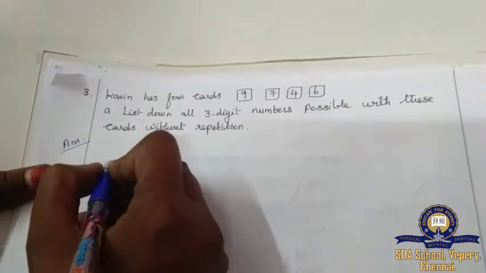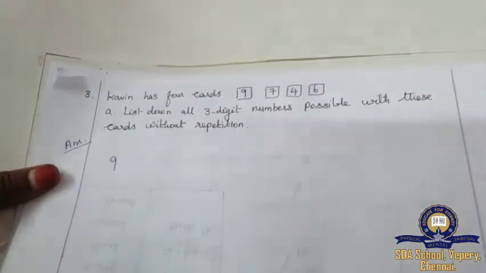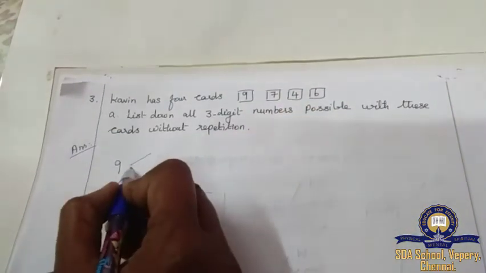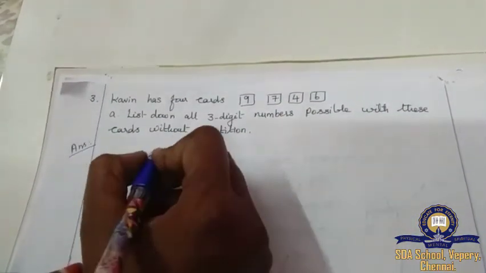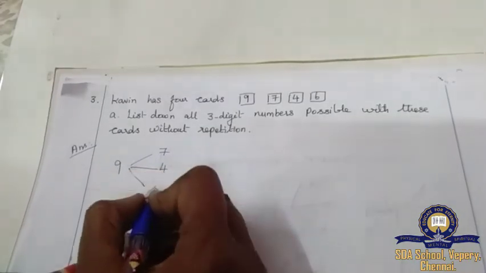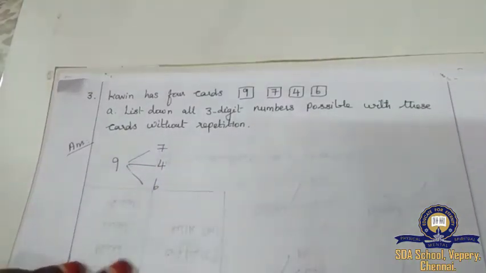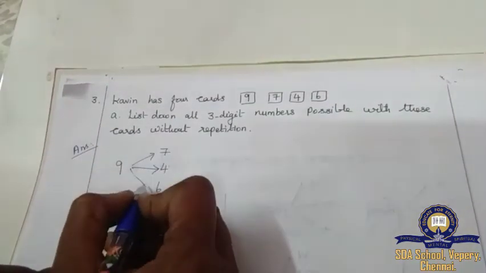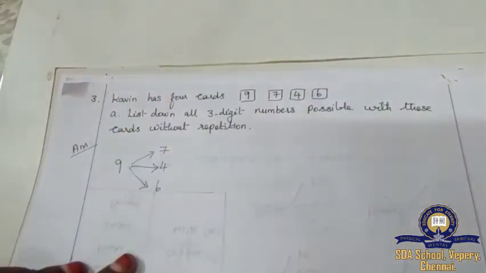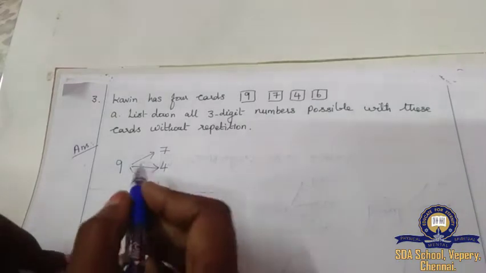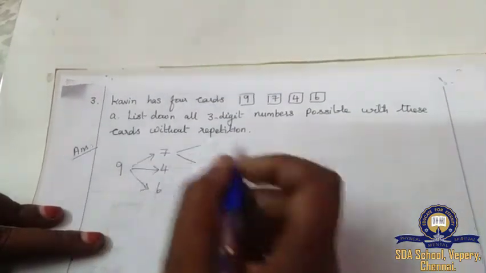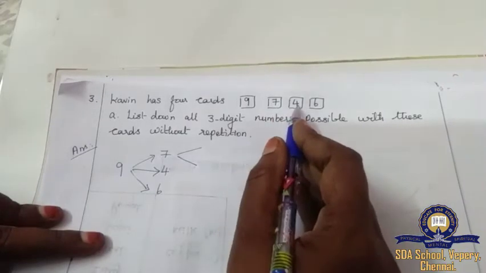Take the first digit 9, and then the remaining digits are 7, 4, 6. So you will form a 2-digit number here, but we need a 3-digit number. So here 9, 7. After 9, 7, the remaining are 4, 6.